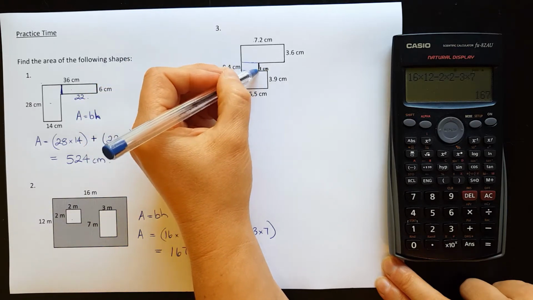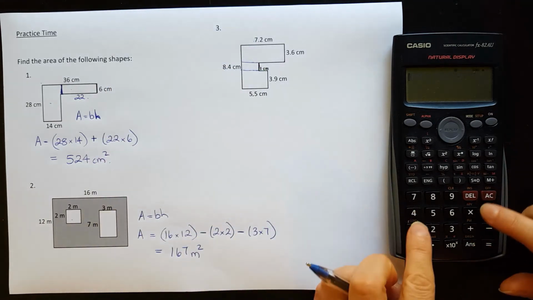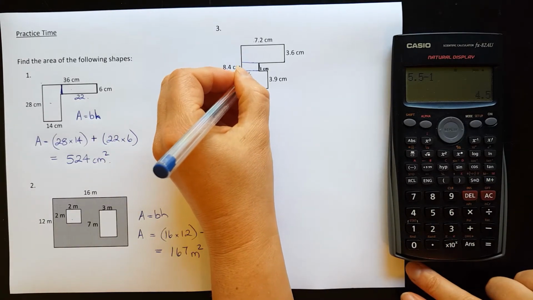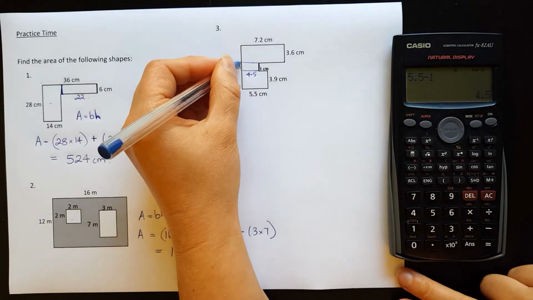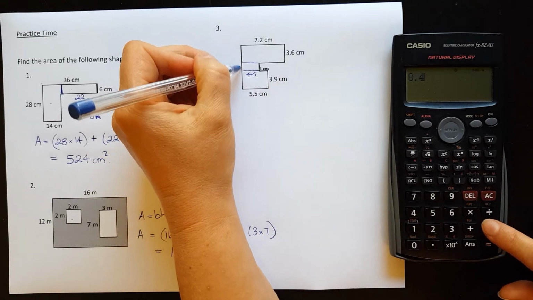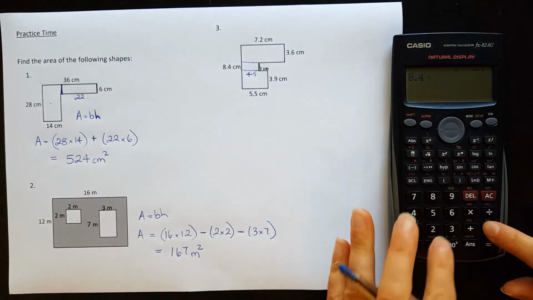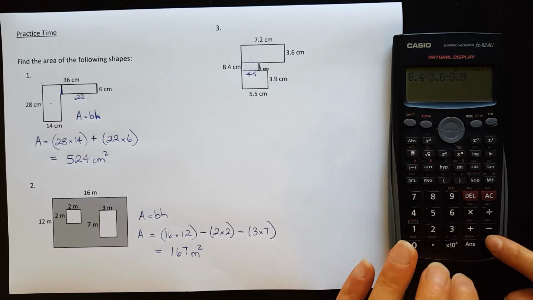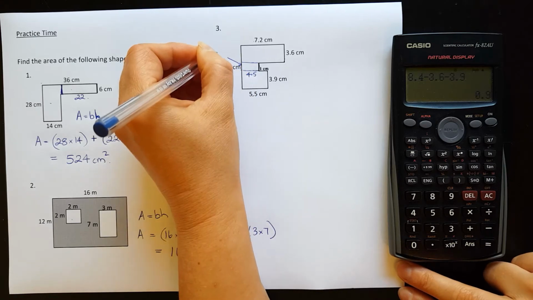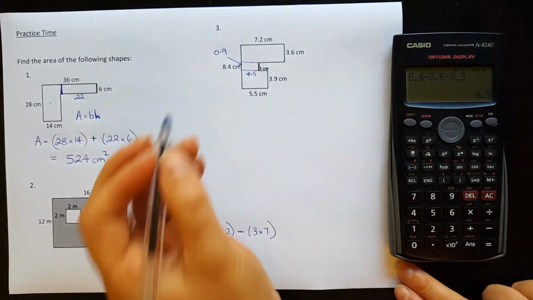Actually, I think the 1 centimeter might be this one across the bottom here. So if this is 1 centimeter, that means I go 5.5 minus the 1, which makes this a 4.5 here. And the height, if it's 8.4 for this whole side, I need to subtract off the 3.6 and subtract off the 3.9, which means that this height here is actually 0.9 centimeters. A little bit misleading there with that 1. I wasn't sure which side that was on at first.